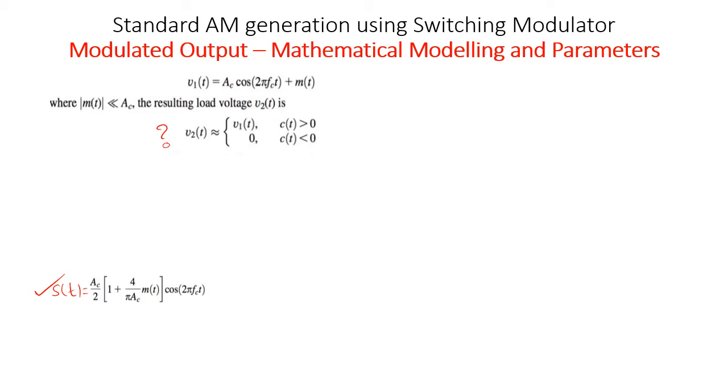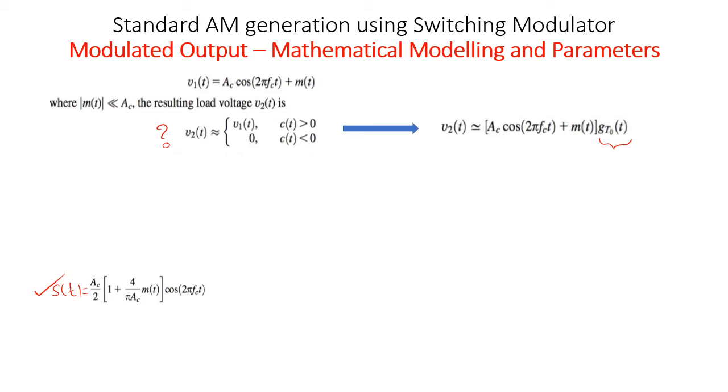So maybe what we can do is this V2 of t, which I have written as a piecewise expression, V2 of t equal to V1 of t when C of t is greater than 0 and V2 of t equal to 0 when C of t is less than 0, right? Instead of that, we are writing it as V2 of t is equal to Ac cos 2 pi fc t plus M of t times g_T0 of t.